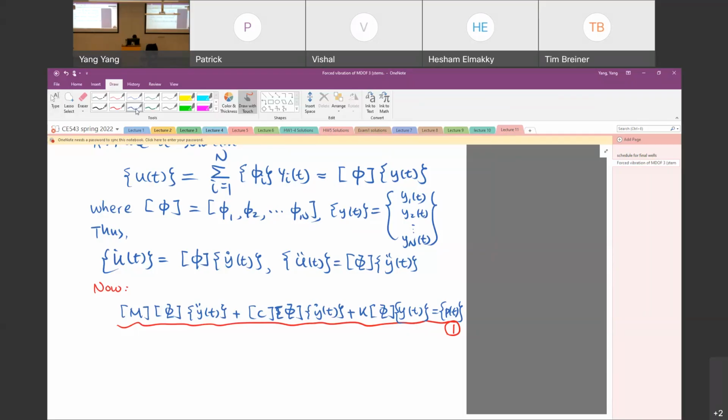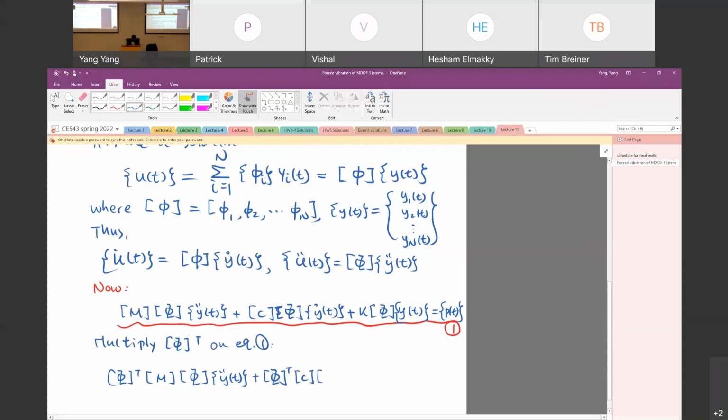Multiply equation 1, so that we have P transpose times M. And this will be the most beautiful part of dynamic analysis.